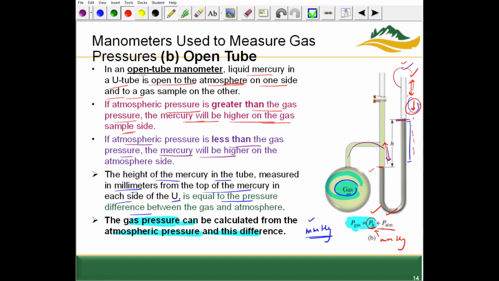So we put these two together to get what we usually want to find out: what is the pressure of this gas in this open tube? It's equal to the pressure from the height in millimeters of mercury plus the pressure of the atmosphere. So for an open tube manometer problem, we would use this equation to solve for the pressure of the gas, which is usually the unknown.